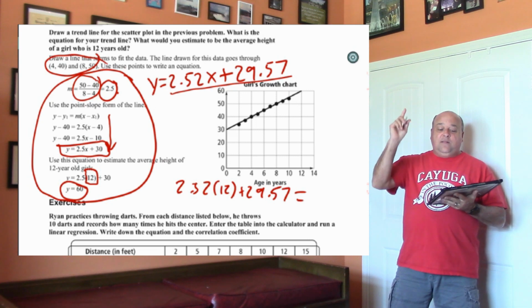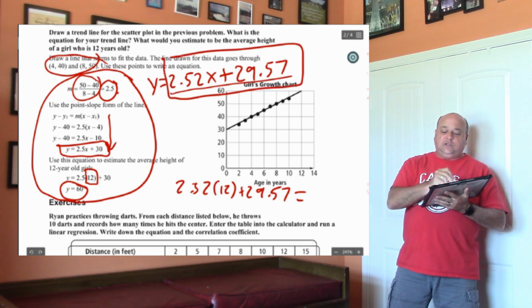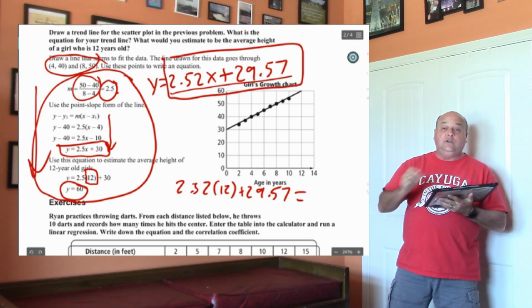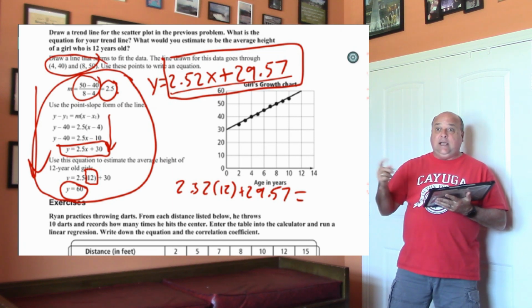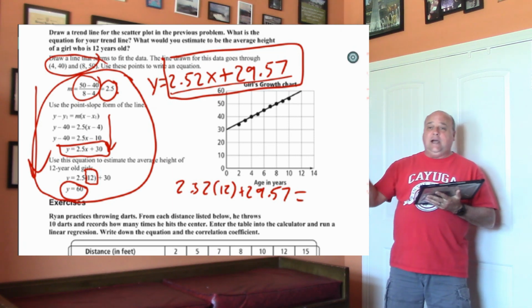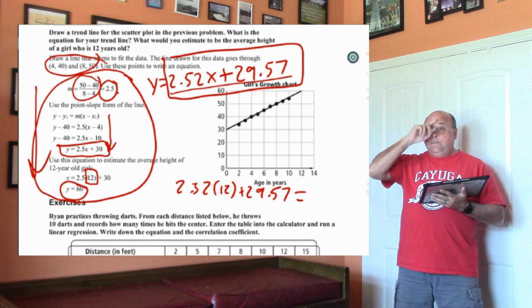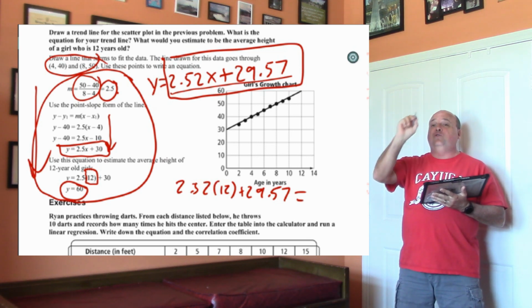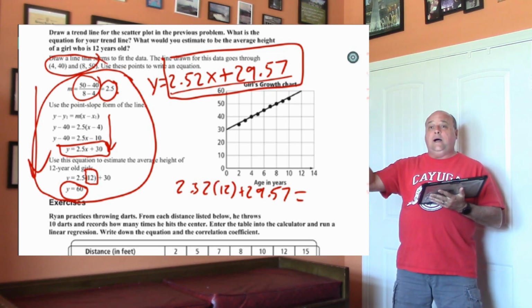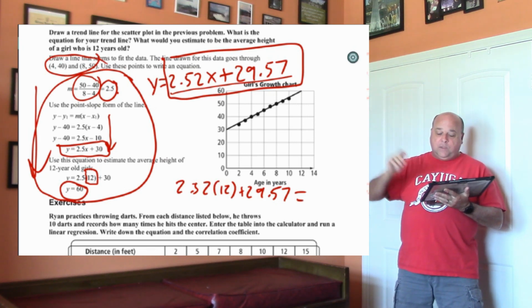Oh, a lot of stuff. This equation you just got right here is a lot easier than doing all this. That takes time, okay? So the calculator is kind of tedious to put in, but it's very efficient, and it gives you the exact slope and y-intercept of that line of best fit.